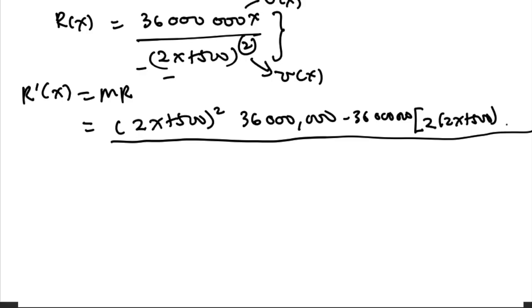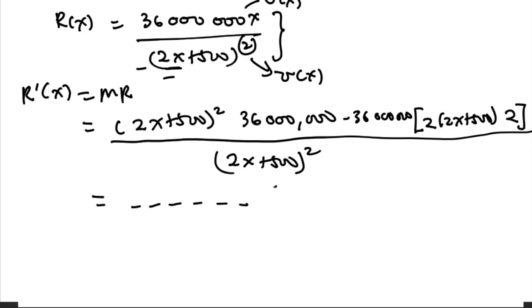And then we have 2x here. When you differentiate inside, it becomes 2. Close the bracket. Do you get me? And then don't forget the denominator is (2x plus 500) squared. And then you solve it until you get it. This one is just a matter of calculus. I hope you can get it.